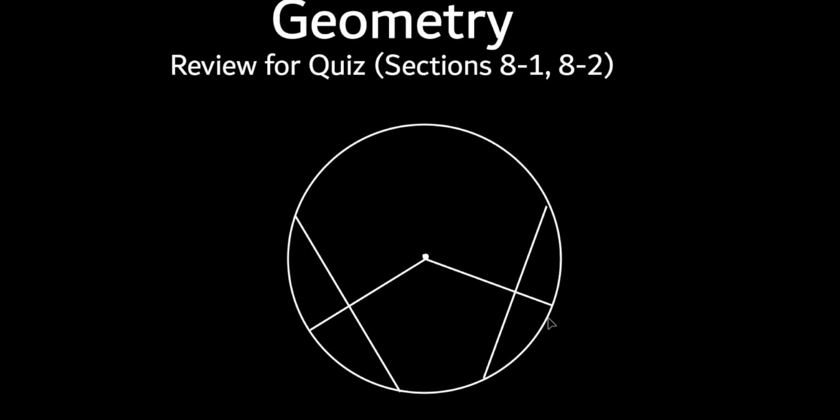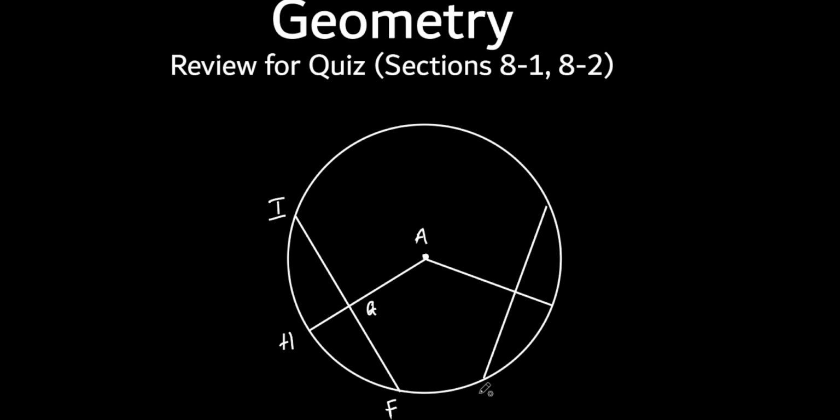All right, let me put some letters on here. Now, I'm not going to put the numbers. We're not actually going to do the math on this, but I'm going to show you what it looks like, to give you an idea of how to go about solving it or what they're going to ask for.